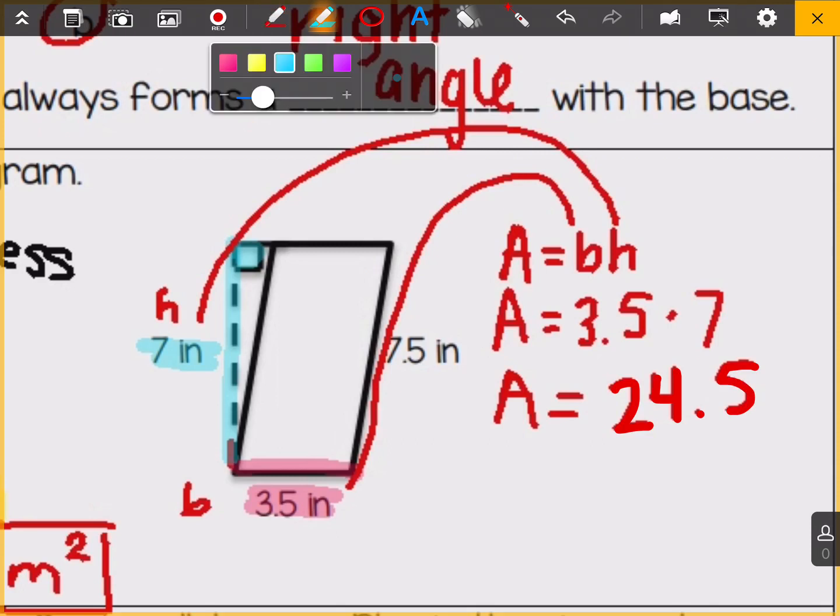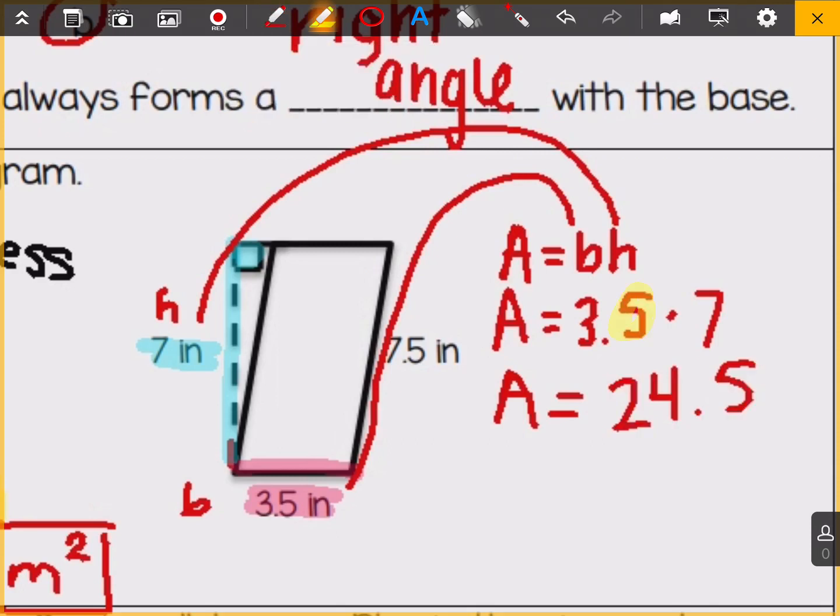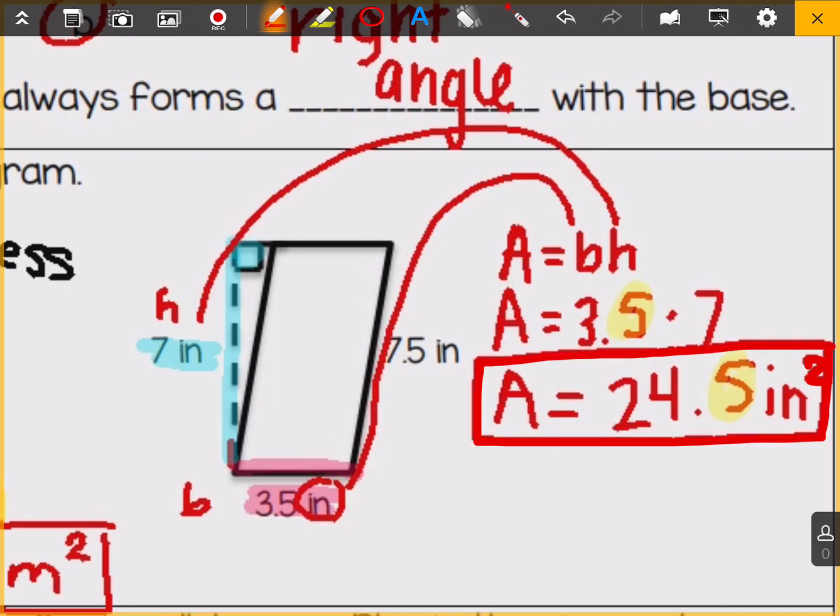I know that I'm going to have one number behind my decimal because I had one in my question. Remember to write this with the measurement that they're talking about. So this is inches. And since we are finding the area, it's going to be with the exponent of 2. So the area for this parallelogram is 24.5 inches squared.